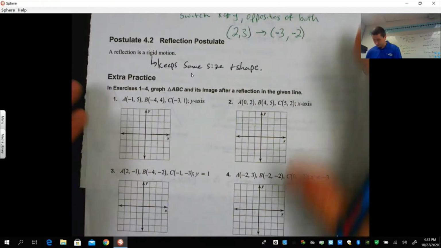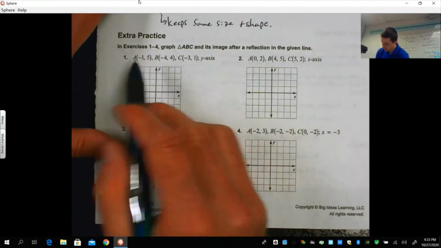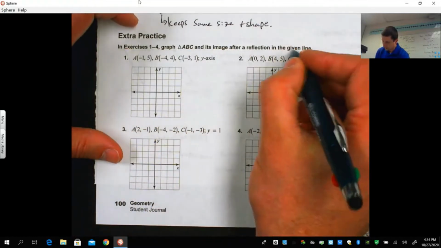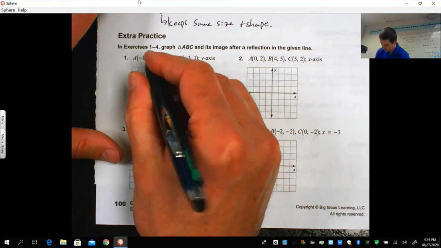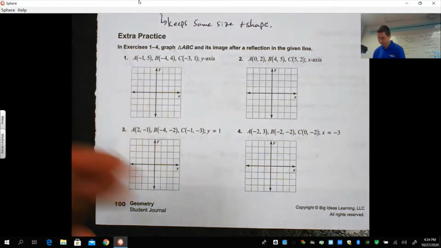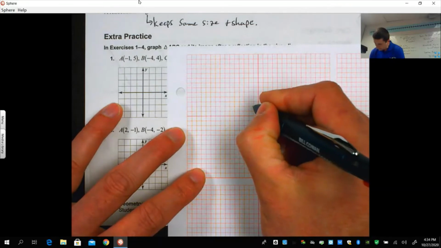Okay, so we're going to do these on here. Some of the ones on the next page, we'll get some other graph paper. So graph triangle ABC and its image after a reflection in the given line. So A is negative 1, 5. Oh, we are getting off the chart. Okay, I'm getting a new one. Get some graph paper. So A is negative 1, 5. 1, 2, 3, 4, 5.